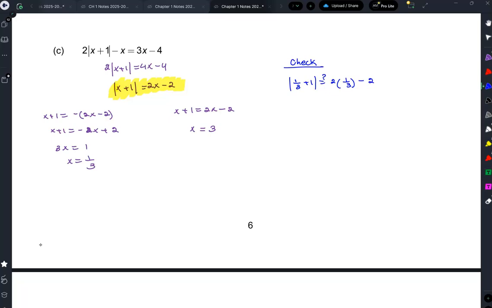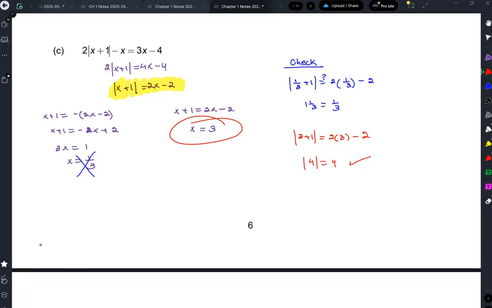Does this work? This is 1 and 1/3. No, and this is just 1/3, so that doesn't work. What about 3? 4, that does work. So just 3.